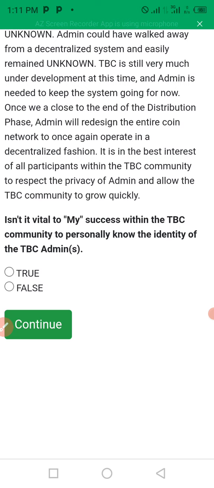The answer, is it true or false? The answer is true, because if you make it successful, you will know the real identity of the TBC admin. But if you are not successful, that means you are not serious, so you cannot know the real identity of who the TBC admin is.